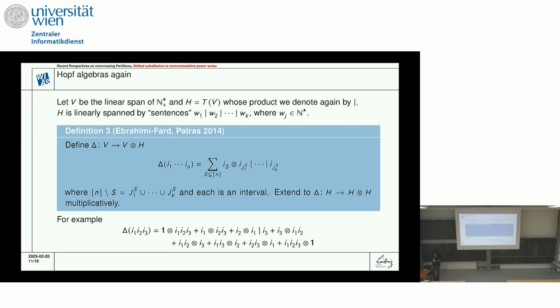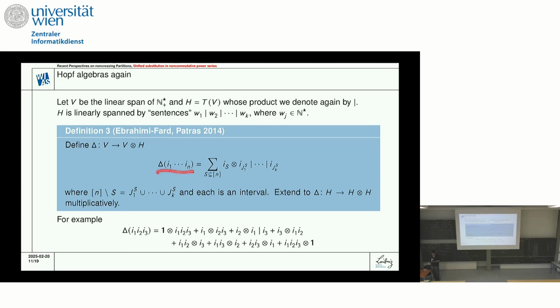So, which means in the end that this space H here is spanned by what I chose to call sentences, which is really just words of words. So each letter here is actually a word in the original alphabet. And we can define this coproduct that was introduced by Kurush and Frederic over 10 years ago, which works in the following way.